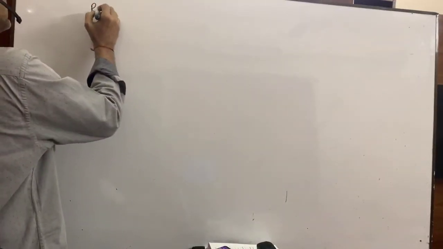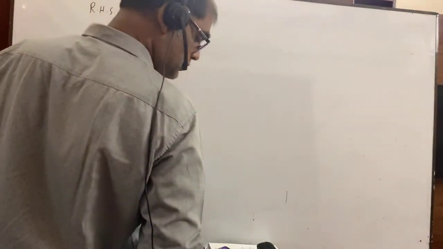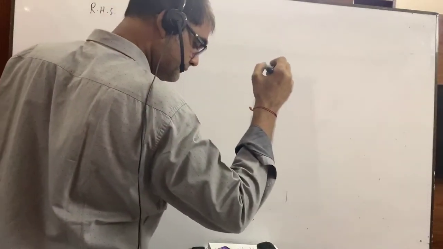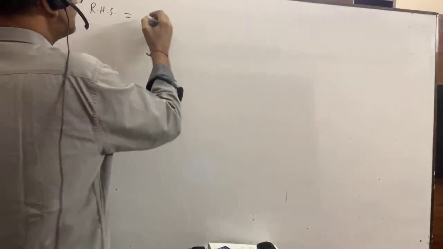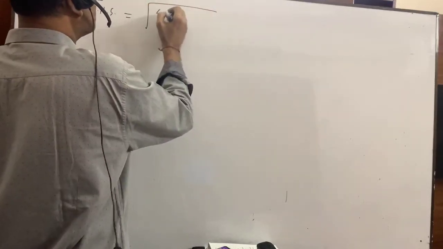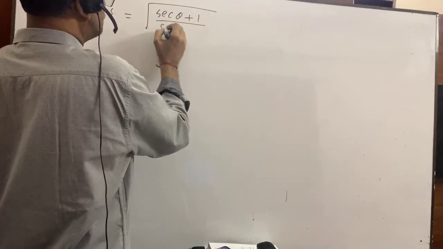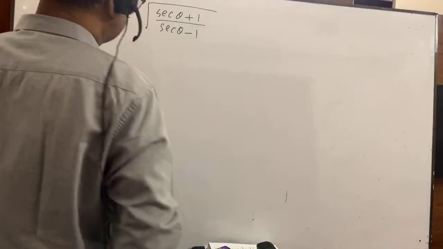You see, the right hand side is given here: root over sec theta plus 1 by root over sec theta minus 1. It is in the right hand side.